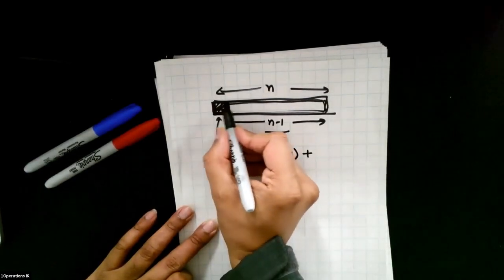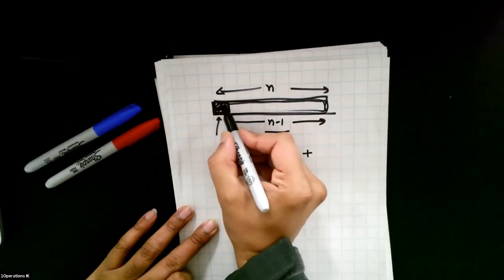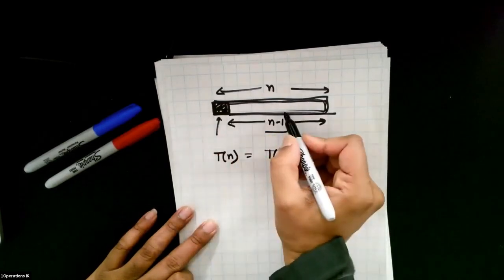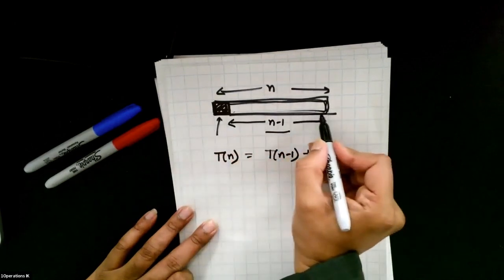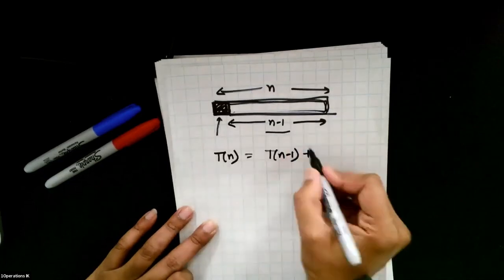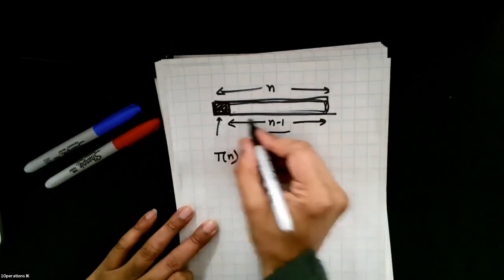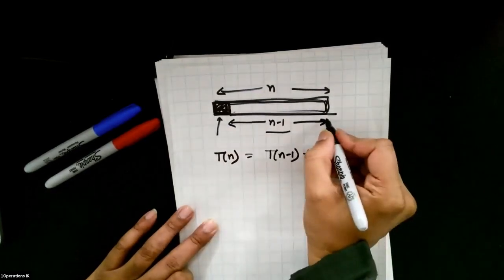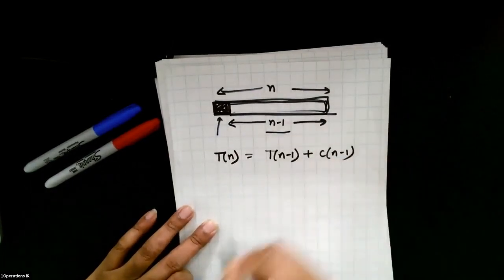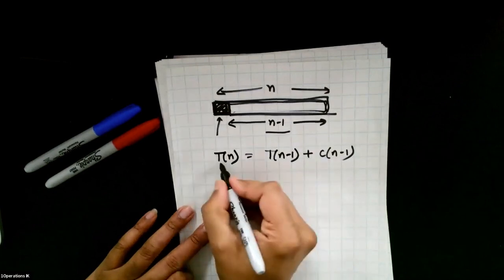The work that I myself did was to test whether this first element is part of a pair that adds up to the target. And for that, I had to search for its counterpart by doing a linear scan in this array. So that's going to take time proportional to n minus 1. Let me just write it as c times n minus 1.